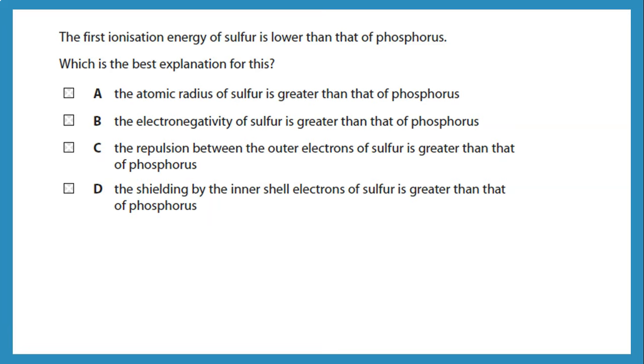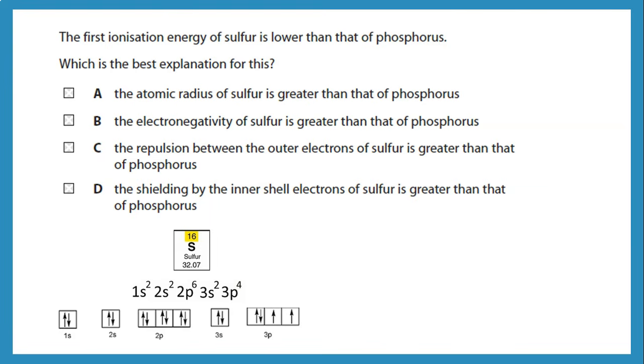This question says the first ionization energy of sulfur is lower than that of phosphorus, and he wants the best explanation for this. What is sulfur and what is phosphorus? And we're talking about the first ionization energy. Now, sulfur, you look at the periodic table, it has 16 electrons. That means we're going to distribute it so that the electron I'm removing is from a 3p4.